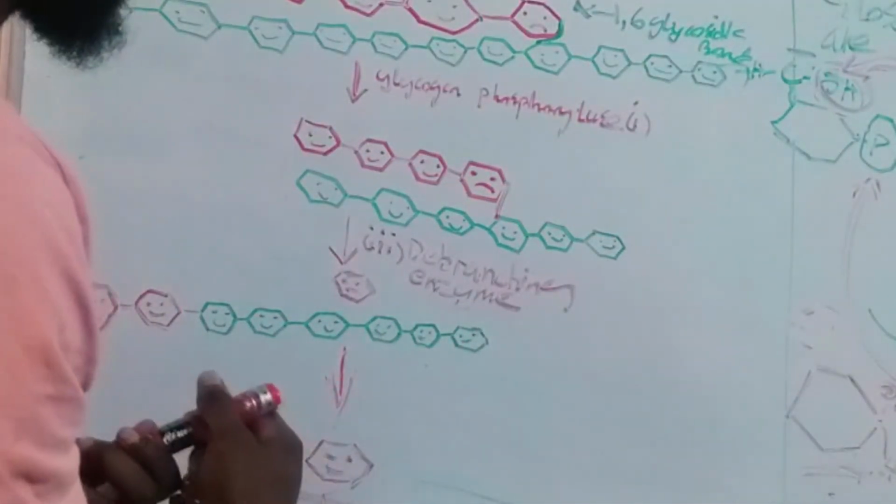So there's another enzyme that comes here, a very, very important enzyme, which is known as the debranching enzyme. The debranching enzyme's mechanism of action is split in 2 phases. So it has transferase activity, as well as debranching activity. The debranching activity, you can just simply say is the alpha-1,6 glucosidase activity.